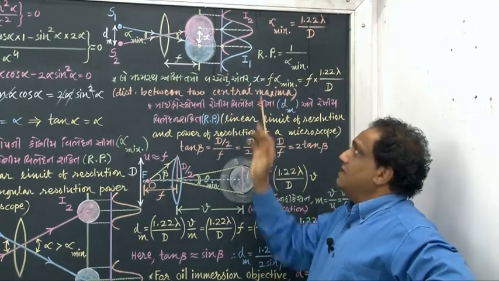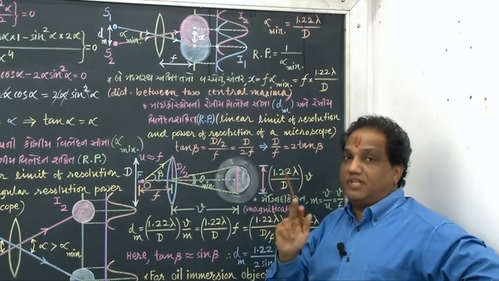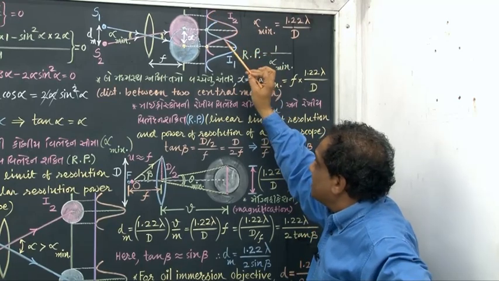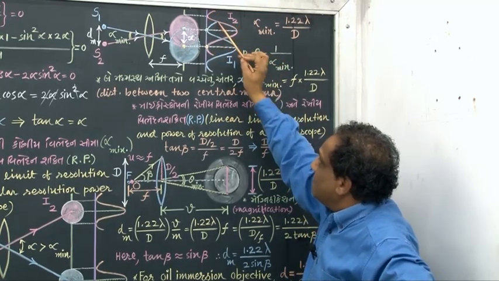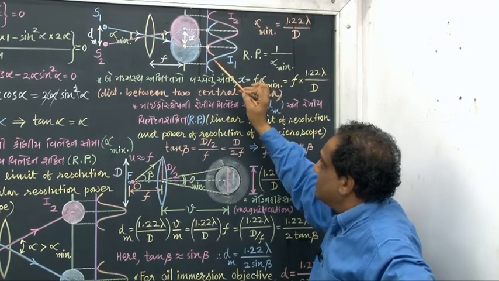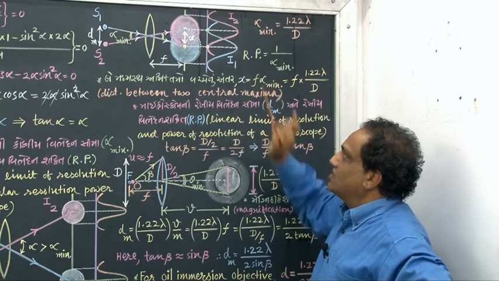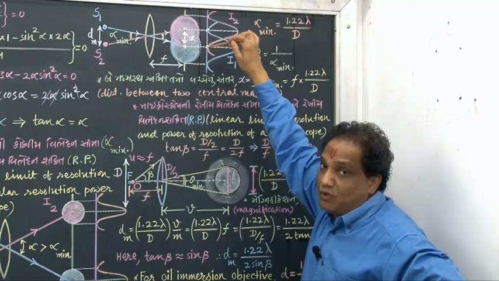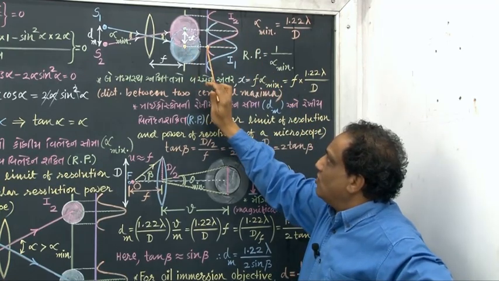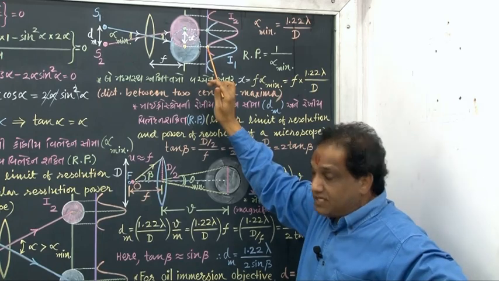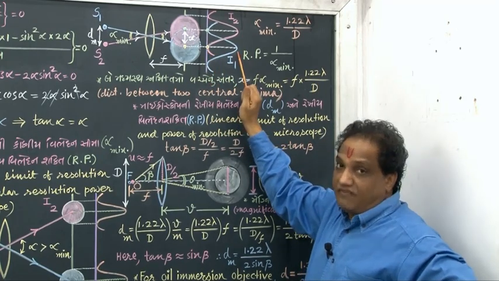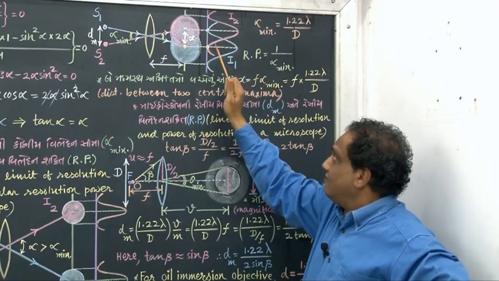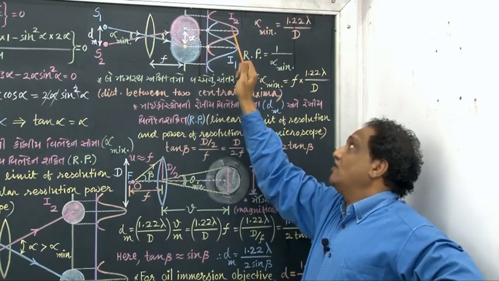By the side, I have shown the intensity distribution curves: this is the graph of intensity versus angle of diffraction for the second object, and this is the graph for the first object. Now tell me, at this point, which I have shown with the yellow color, what superposes on what? At this yellow colored point, the central maximum in the diffraction pattern of the first object superposes on the first order minimum in the diffraction pattern of the second object.